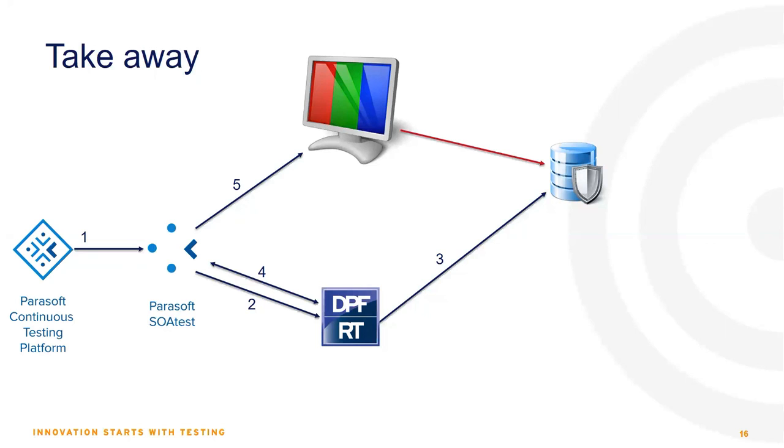So instead of using the actual backend and having to create it as well during the create and deploy, instead of creating that actual backend, we create a virtual asset, which we have created using Parasoft Virtualize. And those virtual assets can be started through an API call as well.